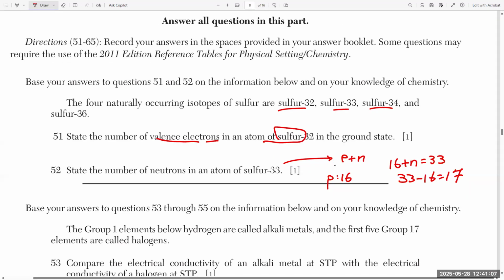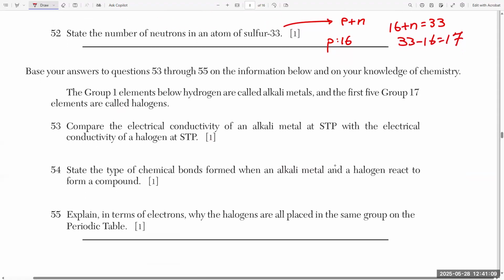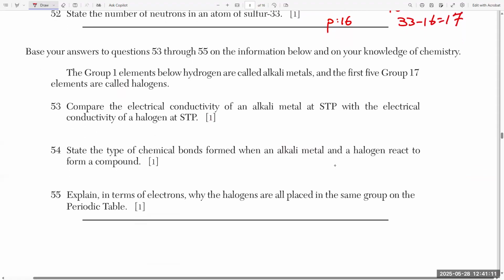Okay, number 53. So 53, 55 is a set. Group 1 elements below hydrogen are called alkali metals, and the first 5 group 17 elements are called halogens. Compare the electrical conductivity of an alkali metal at STP with the electrical conductivity of halogen. Well, first of all, this one, you don't need to go anywhere. What do we know? They want to know if you know the definition of metal versus non-metal, right?